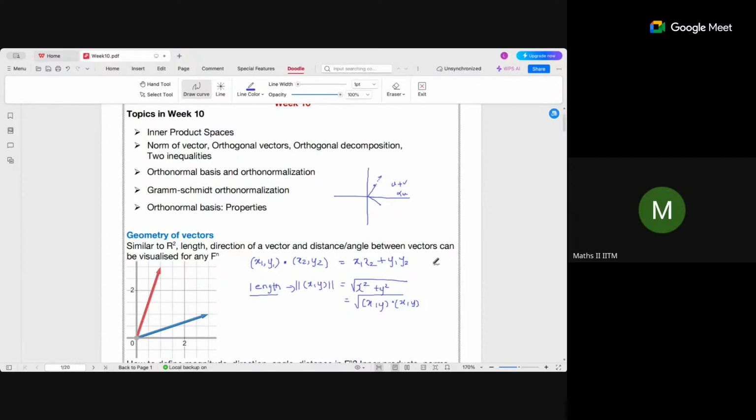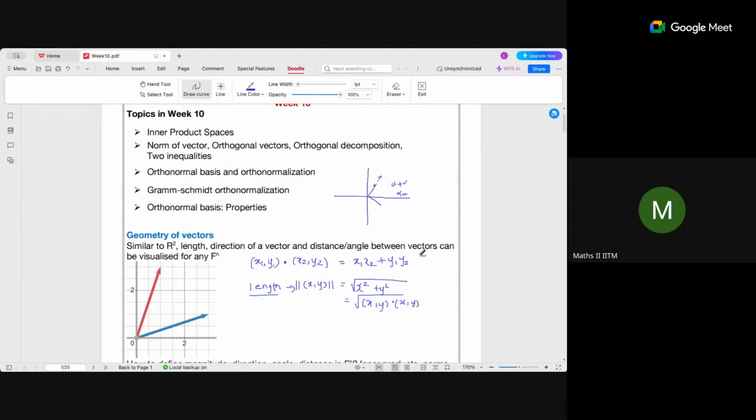Then we collected all these properties, summarized them, and whatever set satisfies these properties, we called it a vector space. Do you remember this part? This is how we got the motivation to define vector spaces using the already known properties in R2. We extended it to a general set and called it vector spaces.